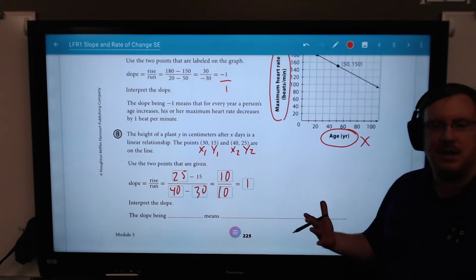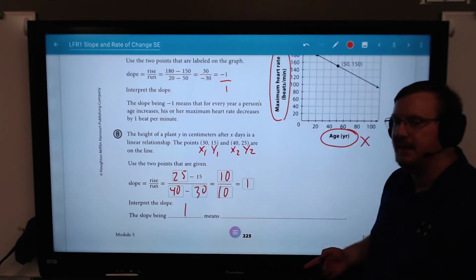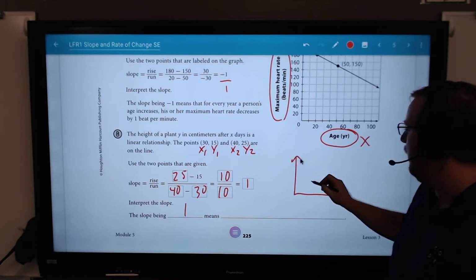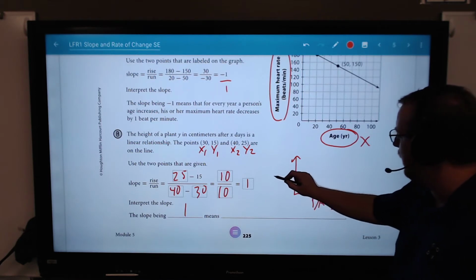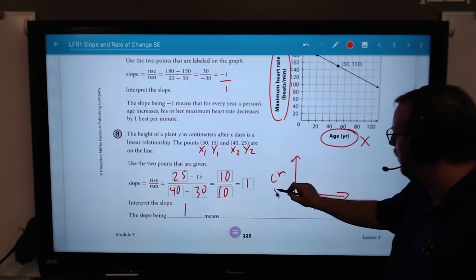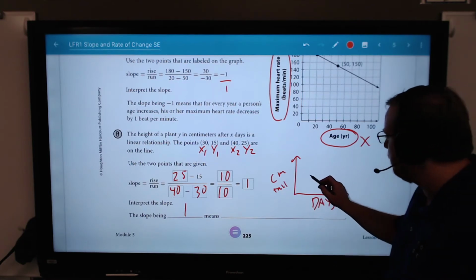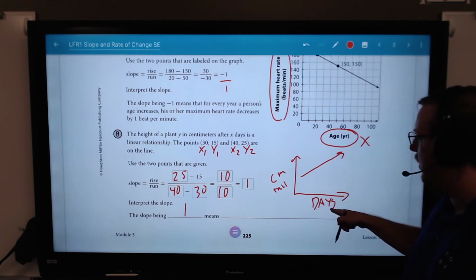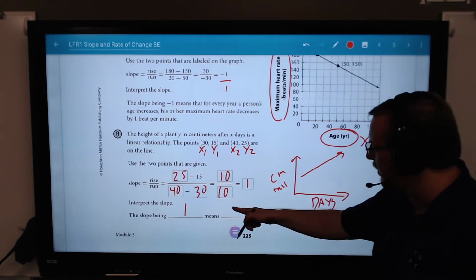1 what? So we need to interpret the slope. The slope being 1, I'm going to give you a second to think about it. If I was to graph this, this would be days and this would be centimeters tall. So every 1 day, I increase 1 centimeter, because that's my slope.